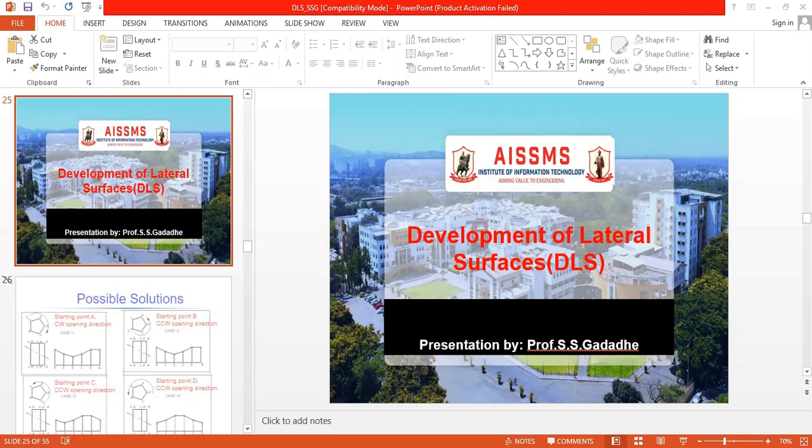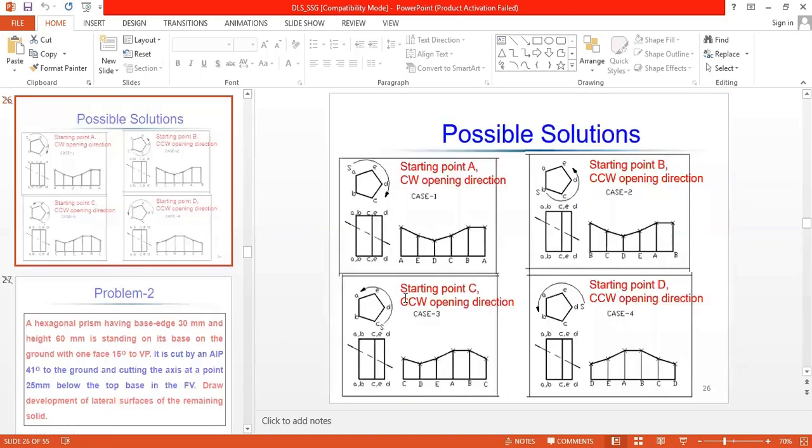In this way, we have seen the problem of the development. Now, in this lecture, we have to see how there can be different solutions to the same problem. The problem is the same, but the development will be different.